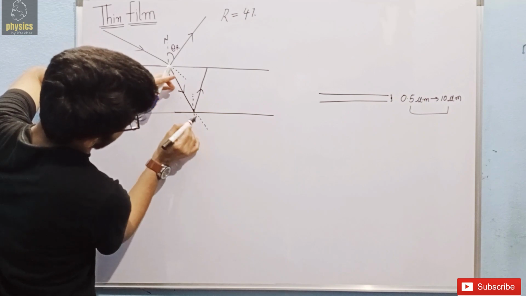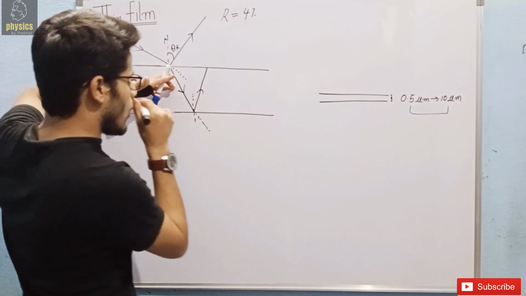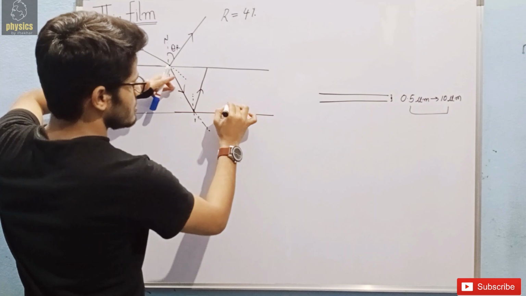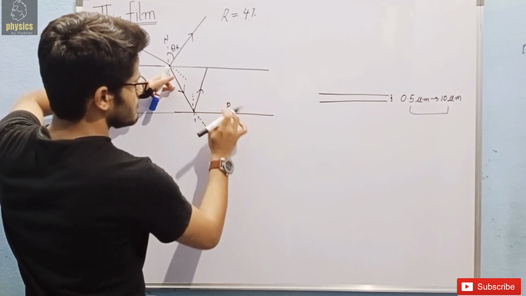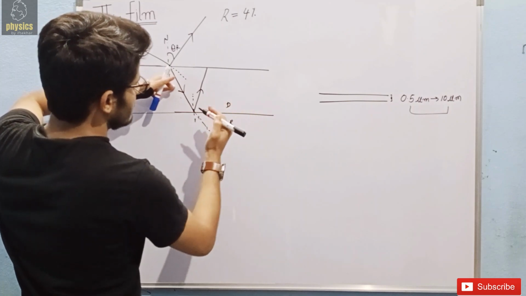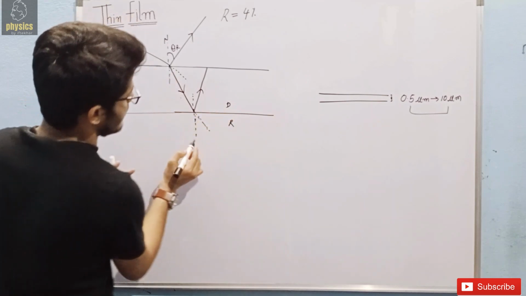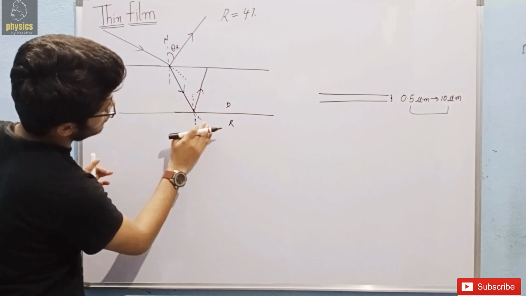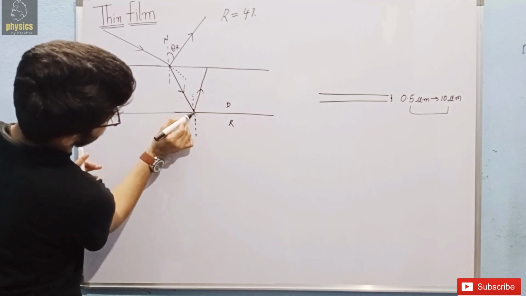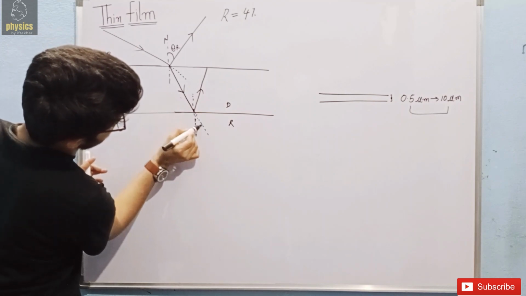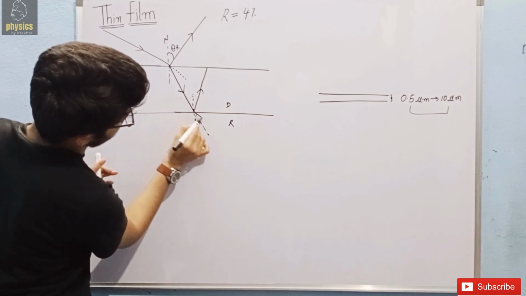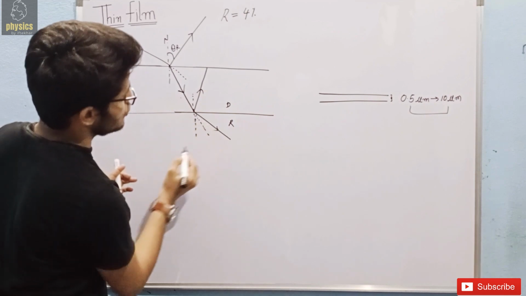So this is the actual direction of it. But always remember, when the light travels from a denser medium to a rarer medium, the light will bend away from the normal. This is the normal. The light will bend away from the normal. So the actual path is this.